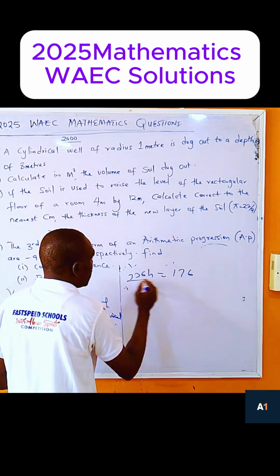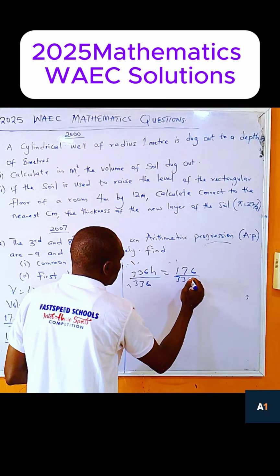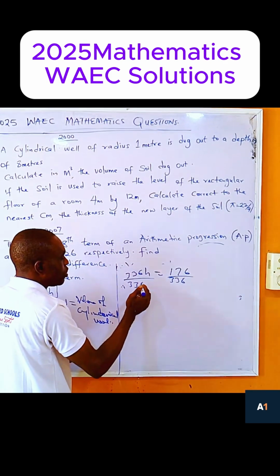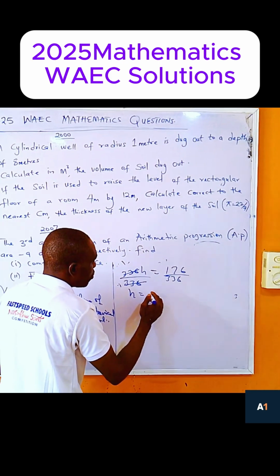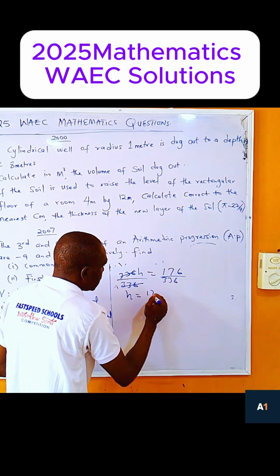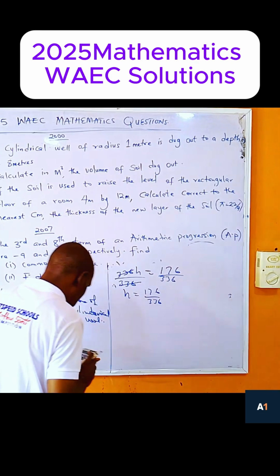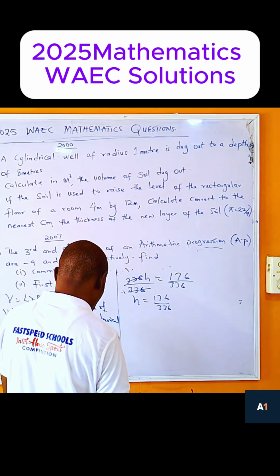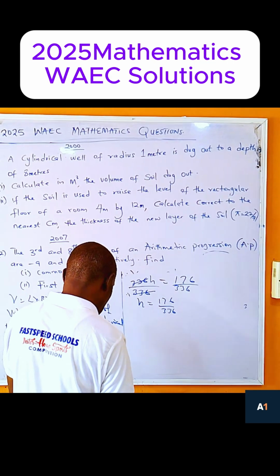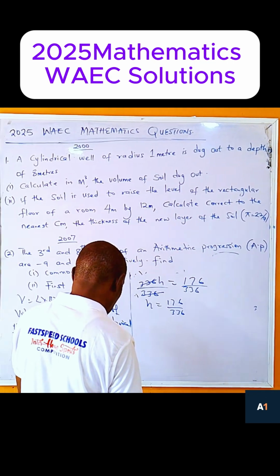So divide both sides by 336 to make h the subject of the formula. This one will cancel this, so h will now be equal to 176 divided by 336. So now what we are going to do is this: we say 176 divided by 336.